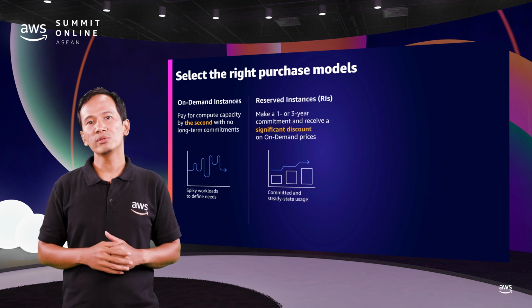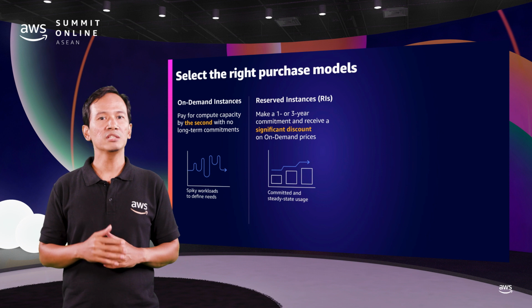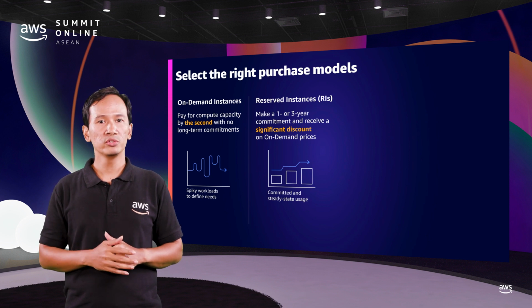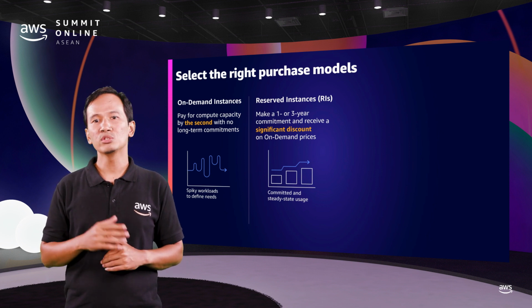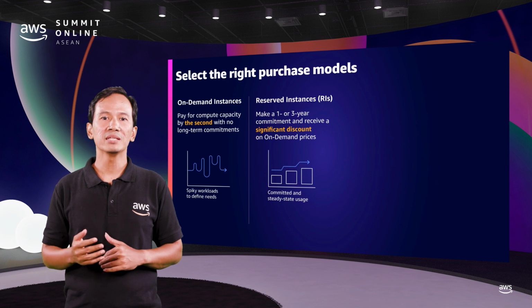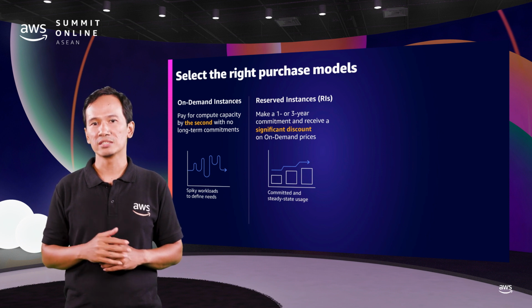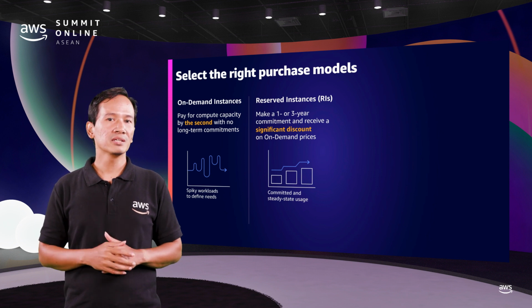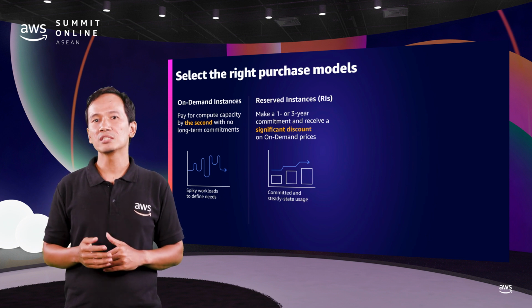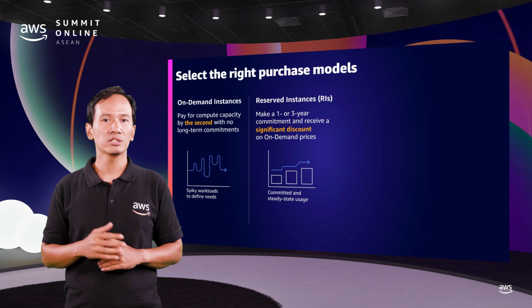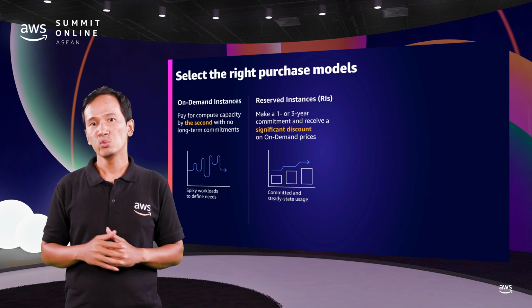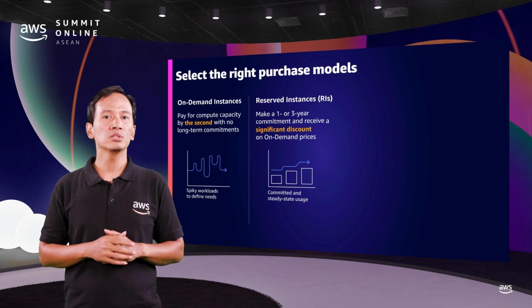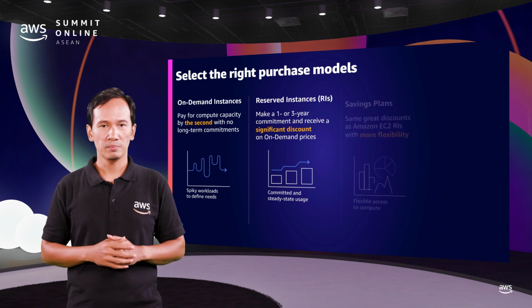Over time, as you really understand what you will need for the foreseeable future, it's great to look into saving against your on-demand instances with reserved instances. Reserved instances will give you a significant discount for compute instances with 1 year or 3 year commitments. And we recommend this for workloads with steady state usage.